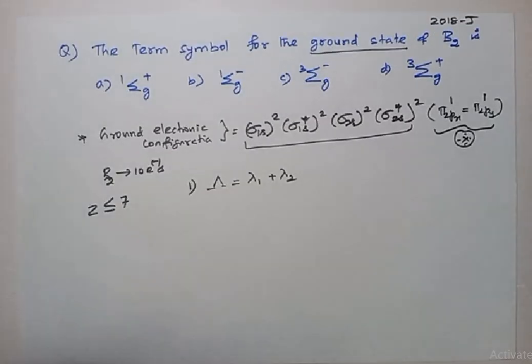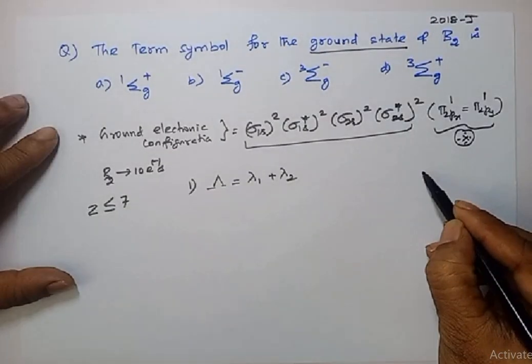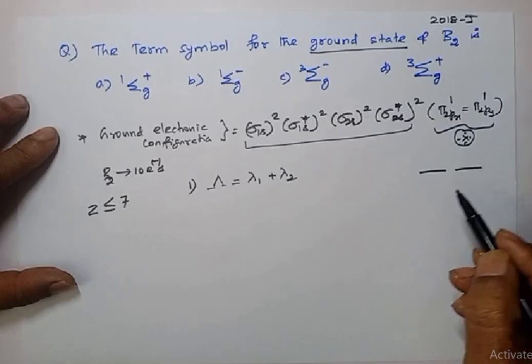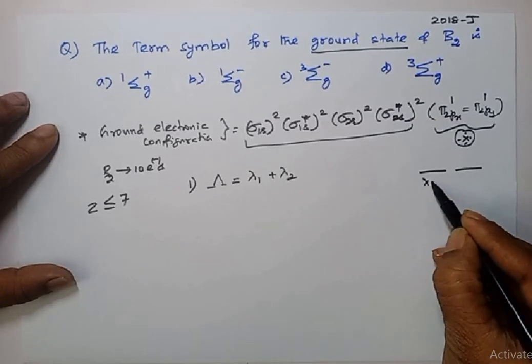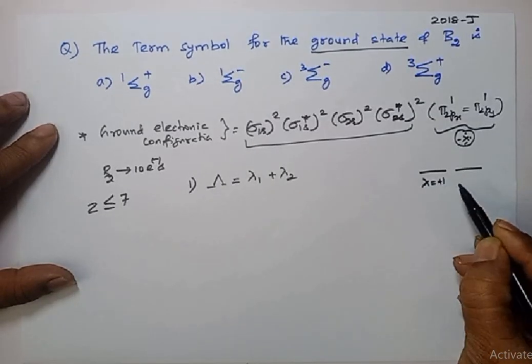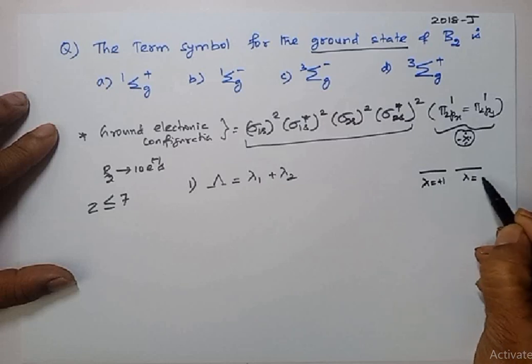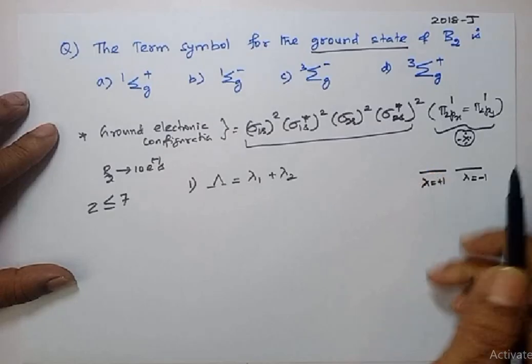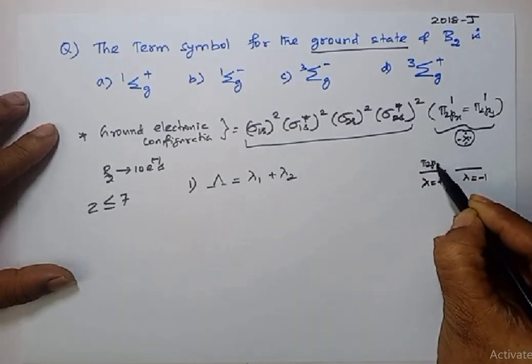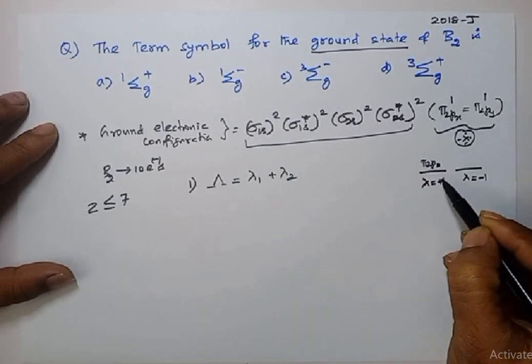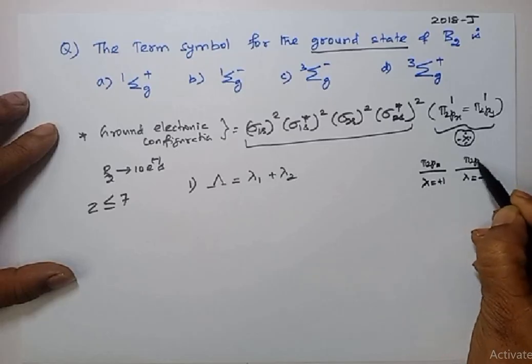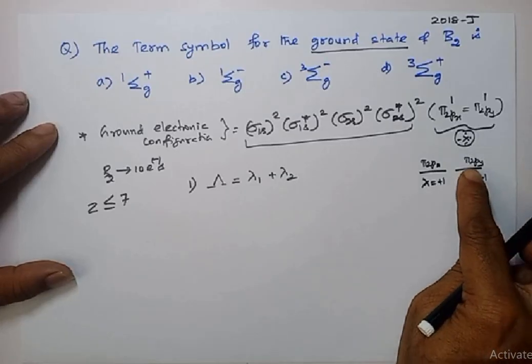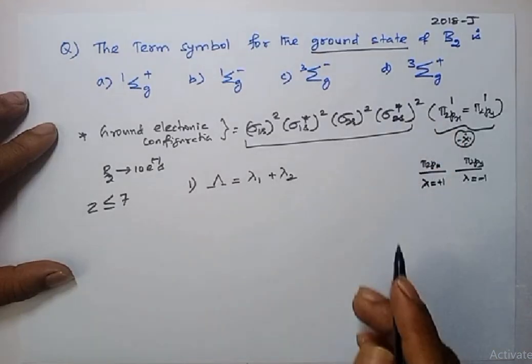So, since the 2 orbitals, pi 2px and pi 2py, are degenerate, the lambda value for one pi orbital is +1 and the lambda value for the other pi orbital is -1. If the electron is present in pi 2px, it has lambda value +1, and if the electron is present in pi 2py, then lambda value is -1.